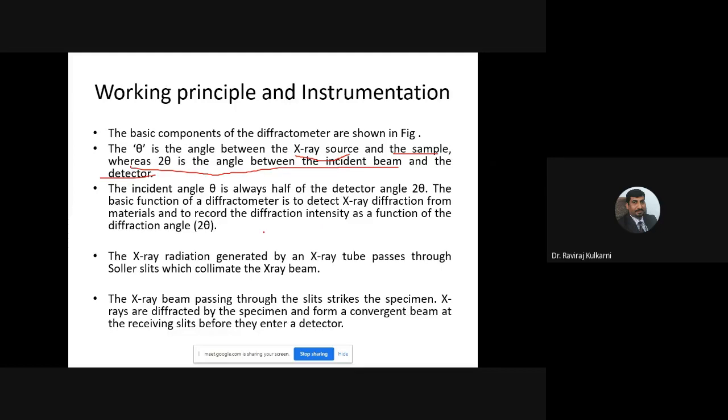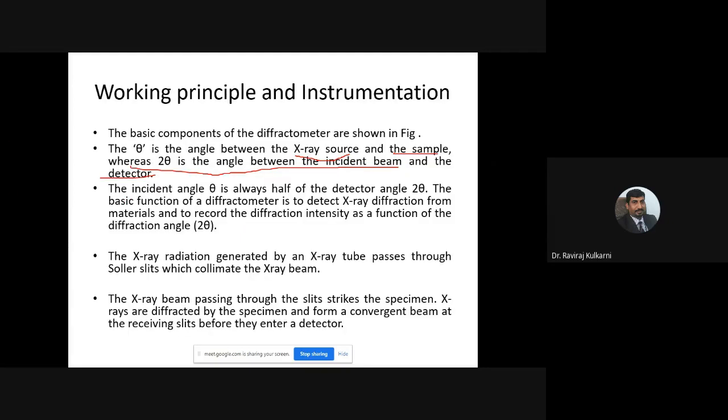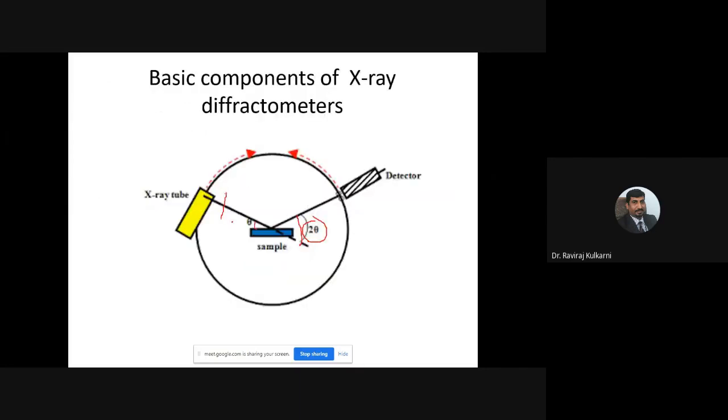We call it the detector angle. The incident angle theta is always half of the detector angle 2 theta. Remember this.